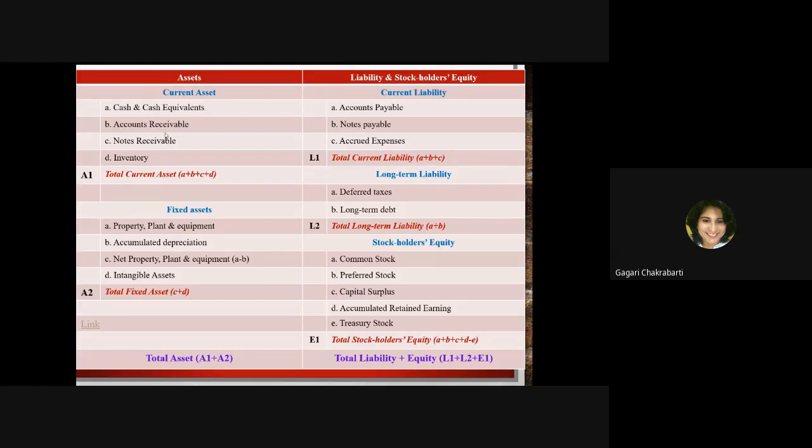But in the case of notes receivable, there will be some interest payment associated with it. Suppose you have given some money as a loan, a short-term loan basically, because current asset is always a short-term asset.